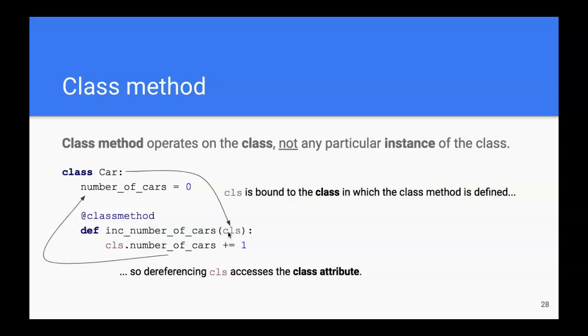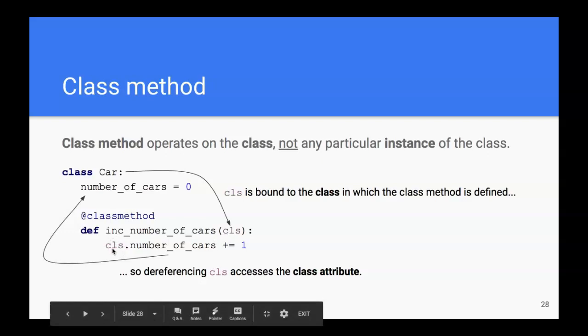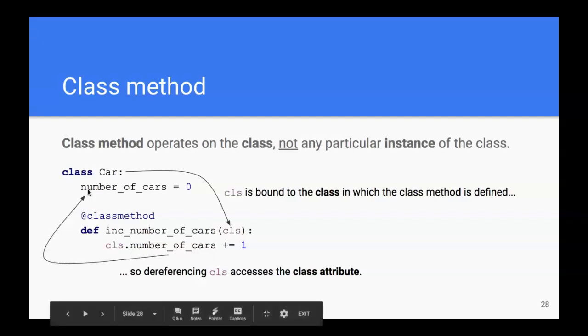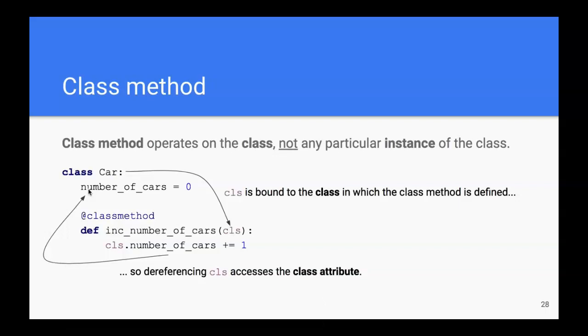So because we define this class method inside the Car class, cls is in most cases automatically assigned the Car class. Because cls is the Car class, cls.number_of_cars would then refer to the class attribute of the class Car. Okay, hopefully that makes sense.